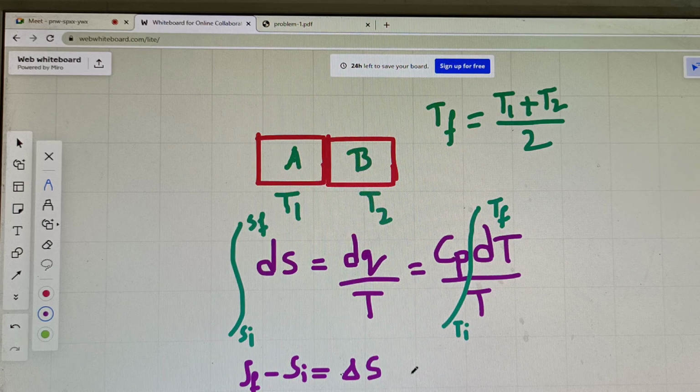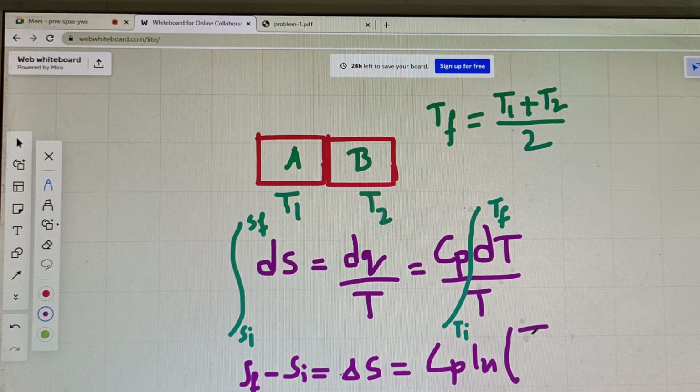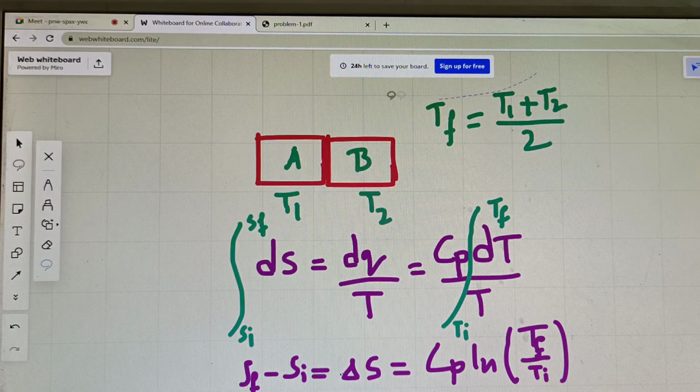That is equal to delta S. So delta S equals Cp times the integration of dT by T, that is ln Tf by Ti. Okay, so we get the expression for delta S of each block.